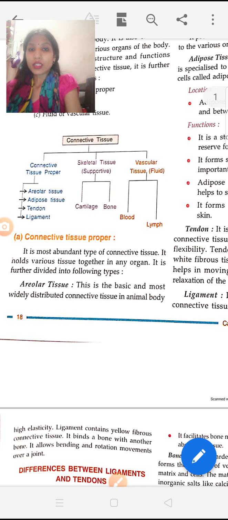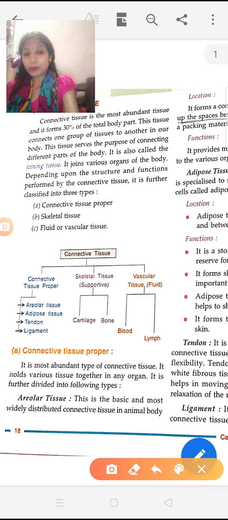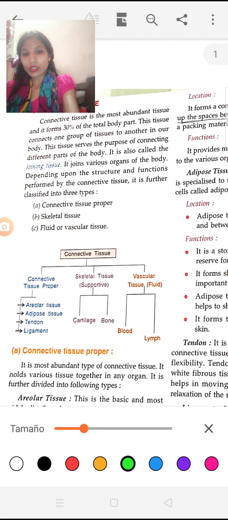Students, one thing: if you forgot about the matrix, I'll repeat what the matrix of a tissue is. Just take an example. All of you have seen the watermelon, right? The watermelon is green in color on the outer layer.